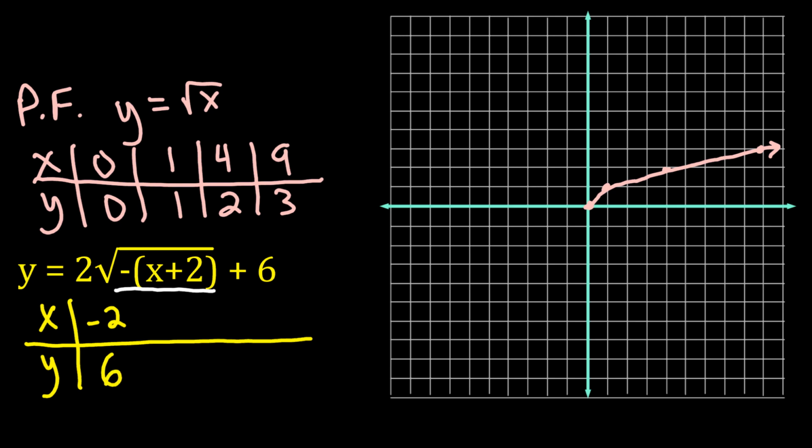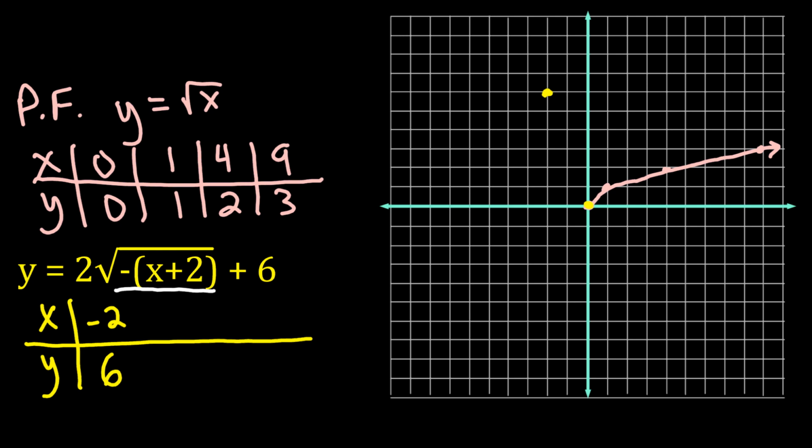And so we should be able to tell from this equation that this is going to be left 2, up 6. 1, 2, 3, 4, 5, 6, right there. So that's going to be where it starts. That's going to be equivalent to the origin on the pink one.